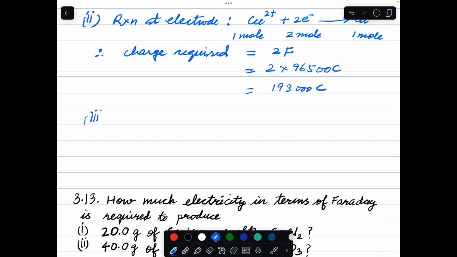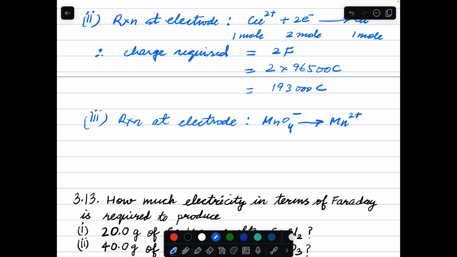Third part. In the third reaction, it is given we are having the permanganate ion, the ions that we have in case of potassium permanganate. Okay, permanganate ion, that is MnO4 minus, and these ions, when they go under reduction, they will form as positive ion of manganese.